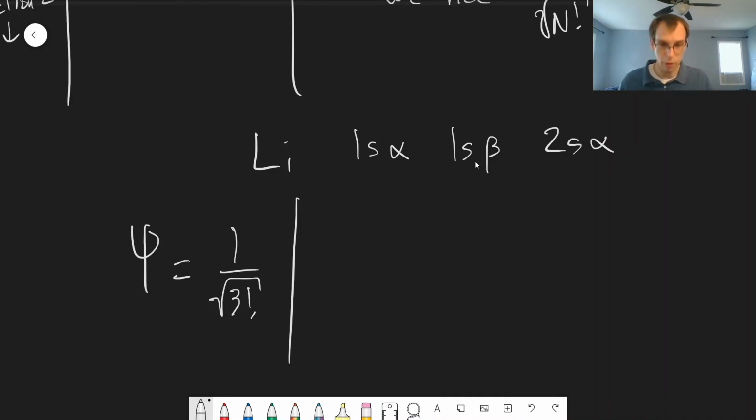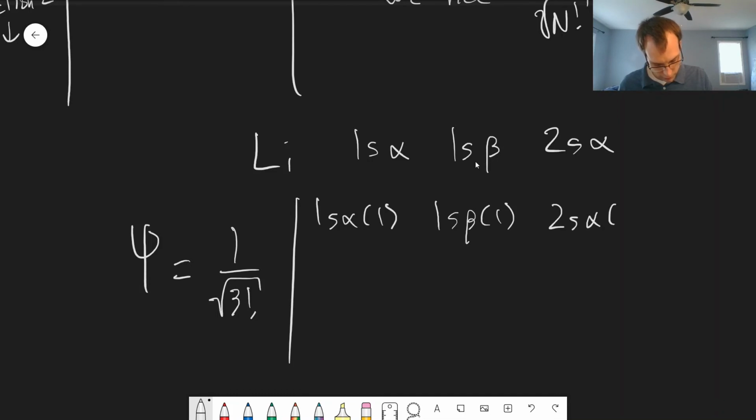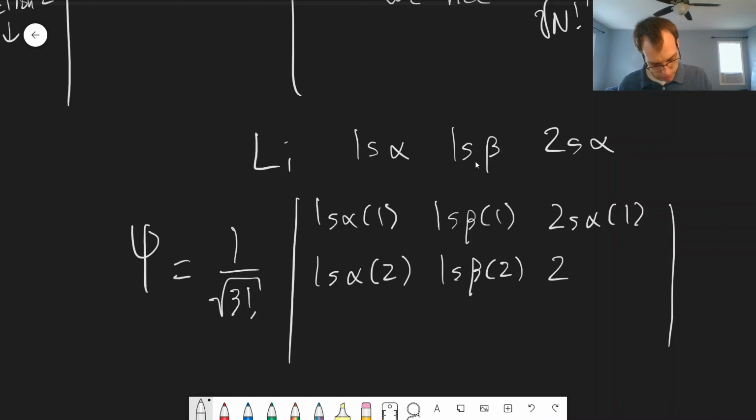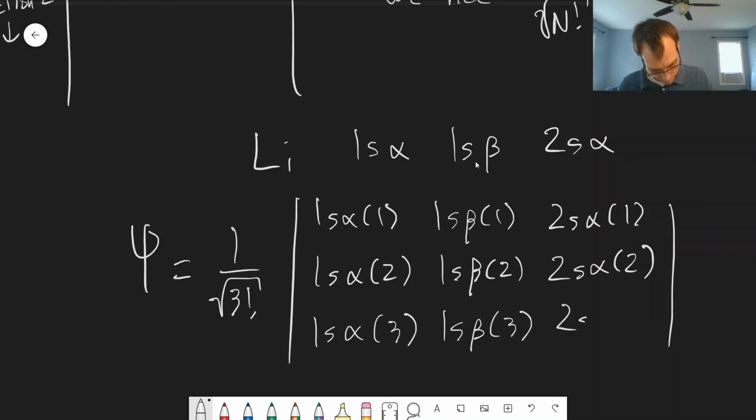Across our first row, we're going to have electron 1, so we'll have 1s alpha 1, 1s beta 1, 2s alpha 1. And then in the second row, it'll be our second electron, so we'll label electron 2, but the same spin orbitals going across. And then our third row is electron 3. And that forms our Slater determinant for lithium.